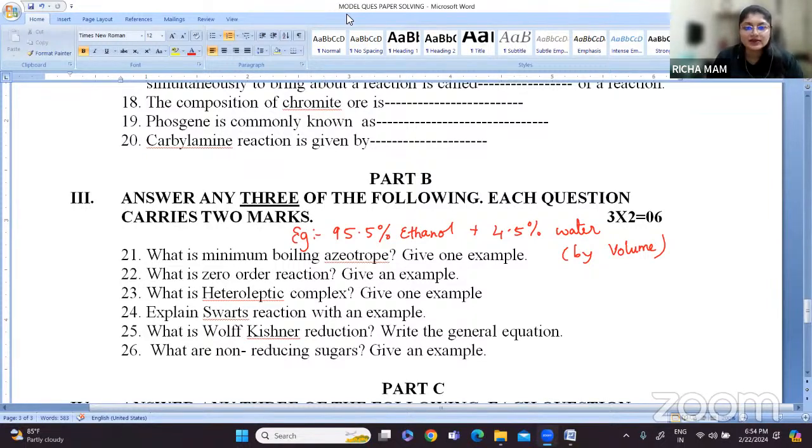Okay, what is the example? Anybody else? What is an example for a zero order reaction, students?